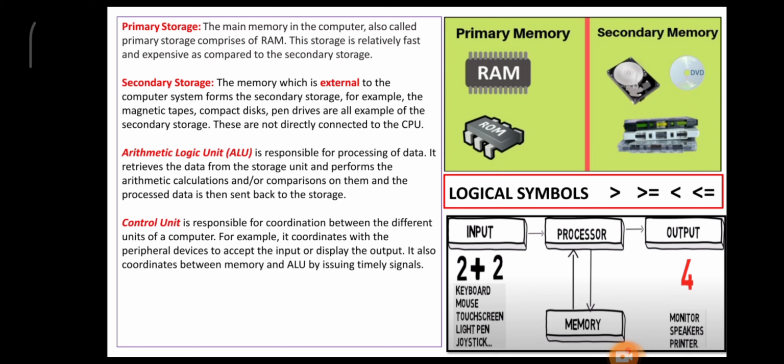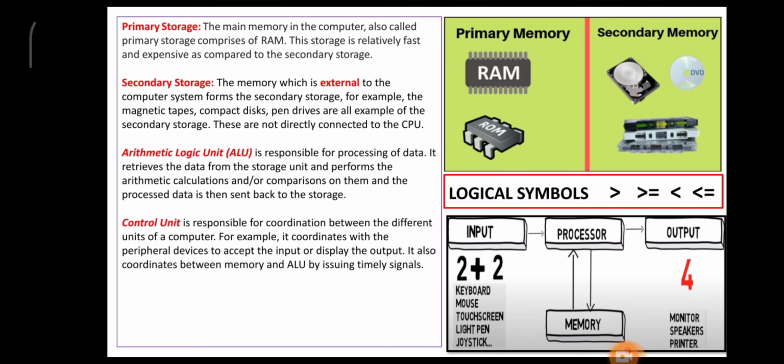What are input devices? Keyboard is an input device, mouse is an input device, touch screen, light pen, joystick, all these things are input devices. Now the user is giving 2 plus 2, and immediately the processor will have the arithmetic and logical unit. The arithmetic and logical unit checks whether an arithmetic operation is coming in or a logical one.